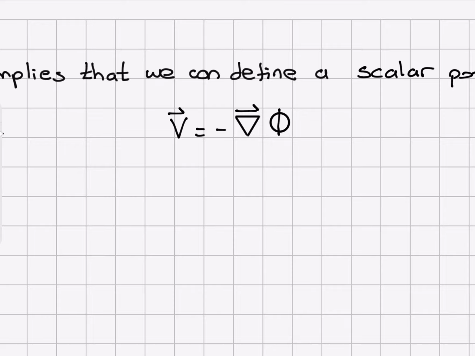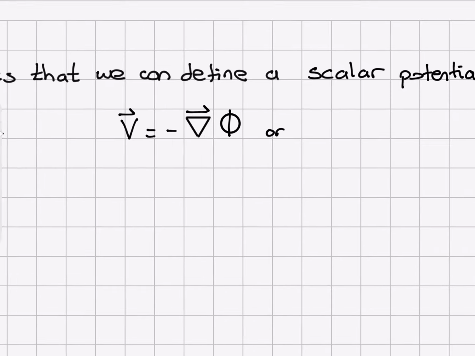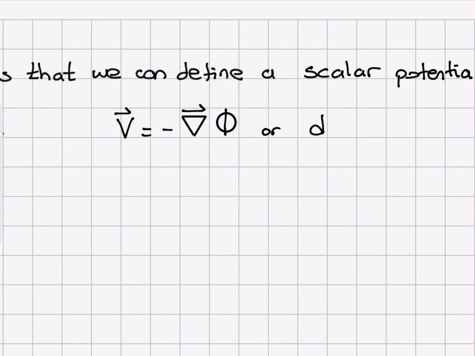All right. Or we can write a small change in the potential d phi is equal to minus dr dot V. So they are equivalent. So if I go from point 1 to point 2, minus d phi is equal to the integral dr dot V, remember.